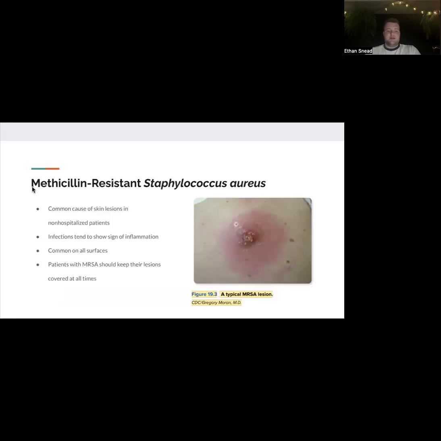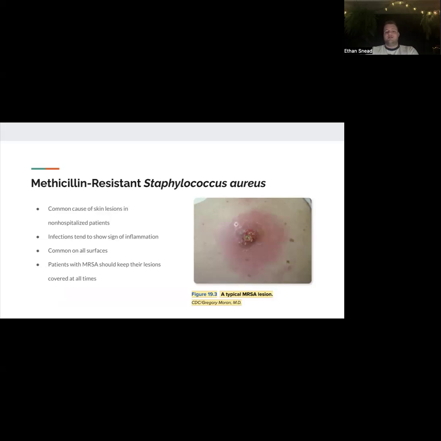Our first type of disease we're going to cover is MRSA. It is a common cause of skin lesions in non-hospitalized patients, and the infections tend to show signs of inflammation.